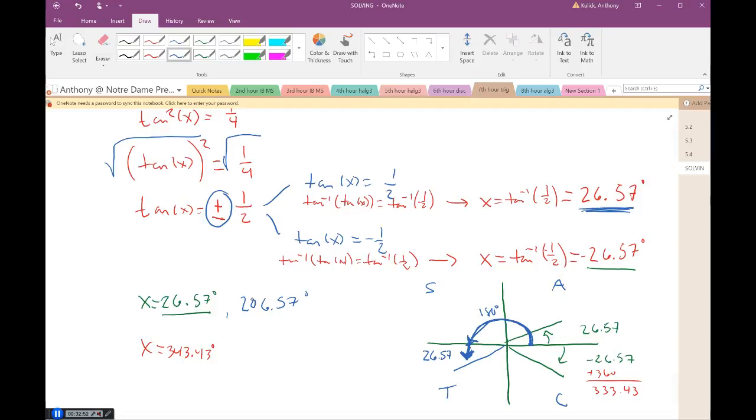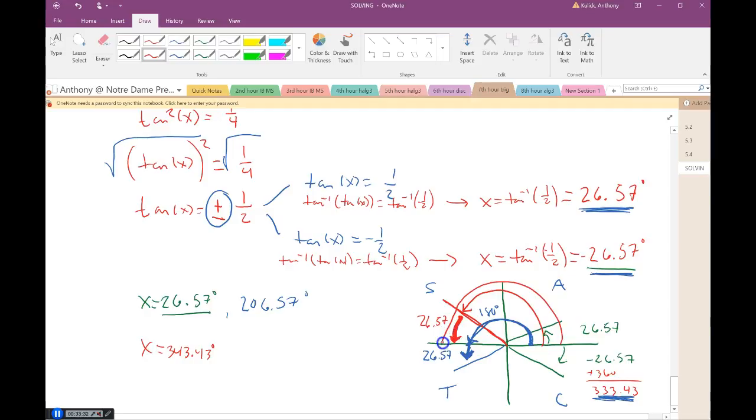And if I look at the negative answer, or this one here, tangent, where else is tangent negative other than the fourth quadrant there? Also negative in the second quadrant, right? So how far is this spot here? 26.57.